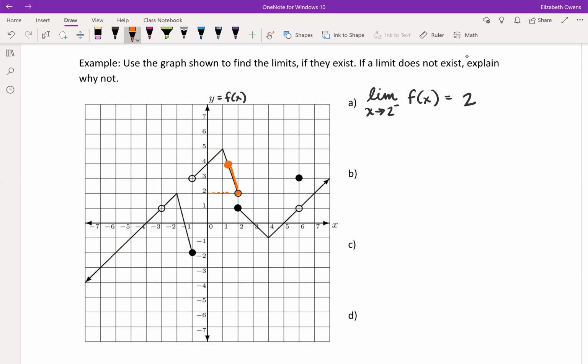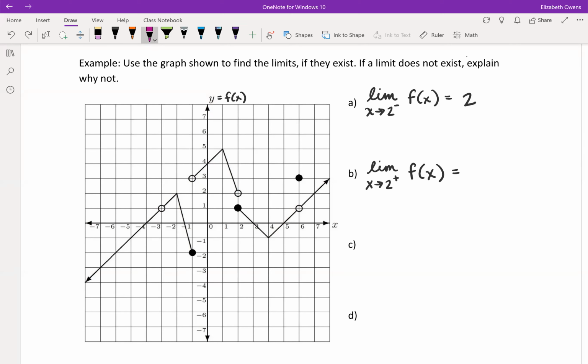Now let's try another one here. Pretty similar. But let's look at the limit as x approaches 2 from the right of f of x. So we're coming towards that same x value. This is the guy that we're interested in.